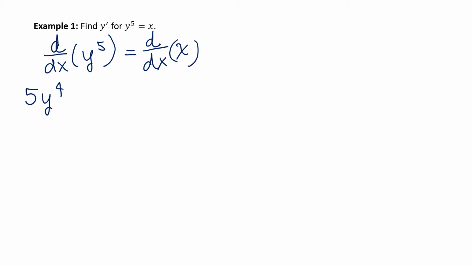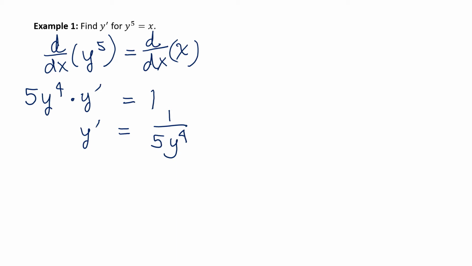The thing to remember with implicit differentiation is every time you take the derivative of y, multiply it by the derivative, y prime or dy dx, whichever you prefer. And the derivative with respect to x, that's just 1. Since we're looking for the derivative, we need to isolate the y prime. So y prime is equal to 1 divided by 5y to the 4th.